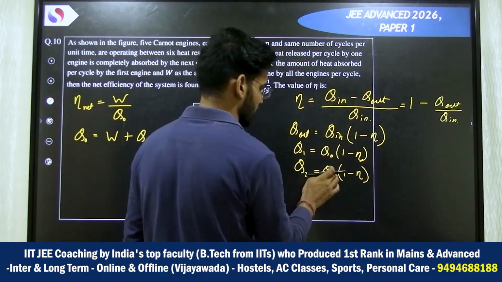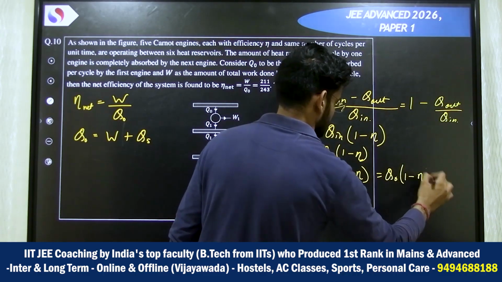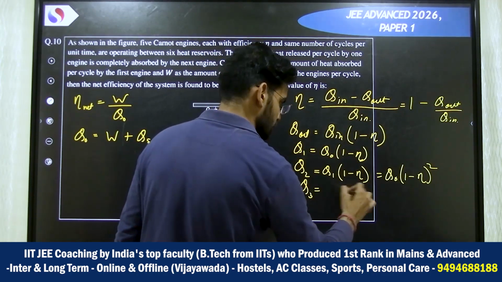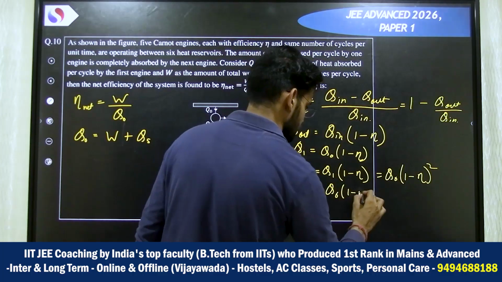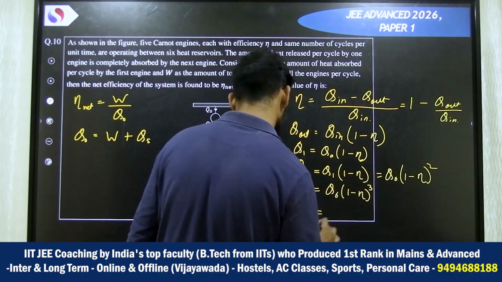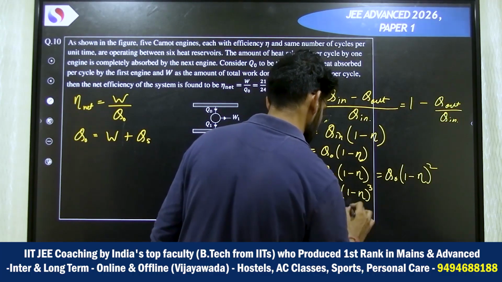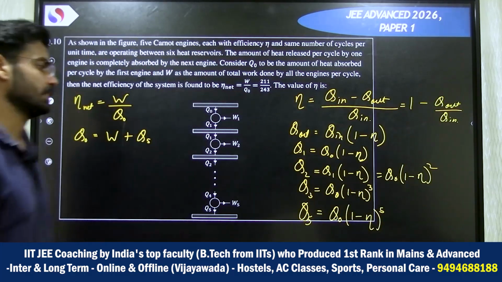And Q1 value is Q0 into 1 minus eta, so 1 minus eta square will be there. Similarly, Q3 is Q2 into 1 minus eta, so that will come Q0 into 1 minus eta to the power 3. Similarly, Q5 at the final, that will come Q0 into 1 minus eta to the power 5. Like that it will come.